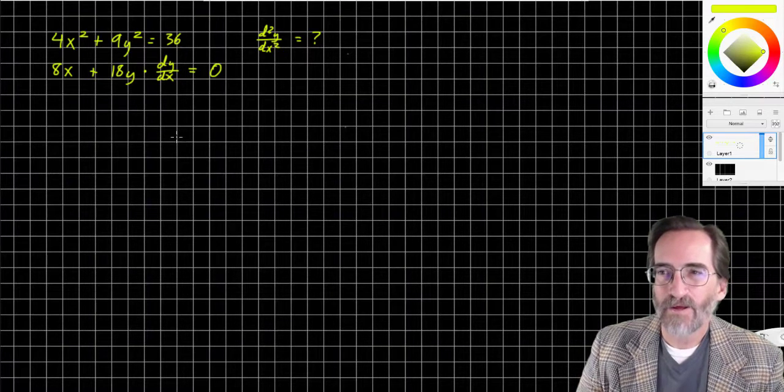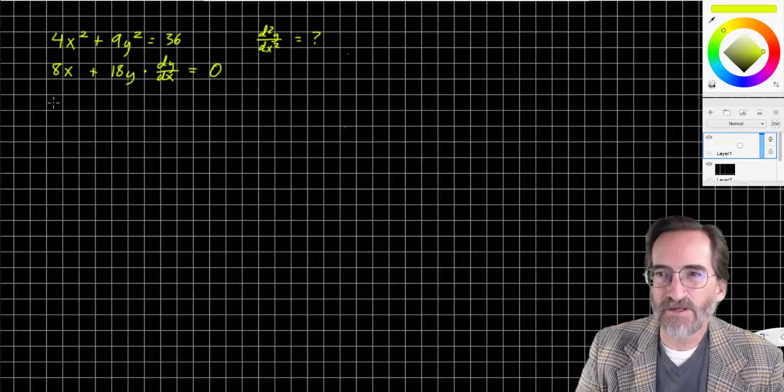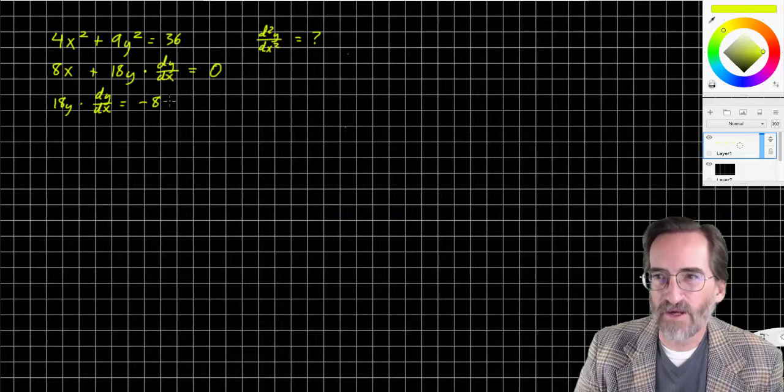All right, so let's move 8x to the other side. 18y times dy dx equals negative 8x. Divide by 18y, dy dx equals negative 8x over 18y.